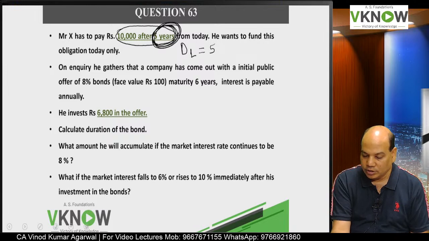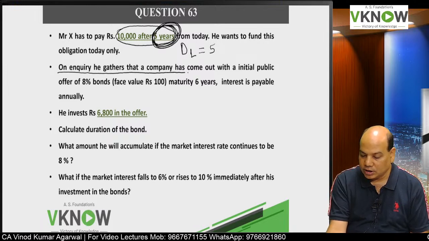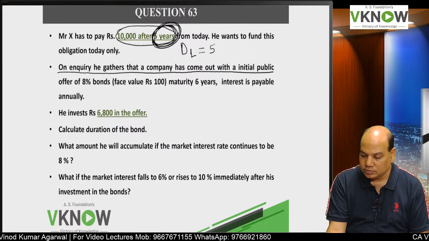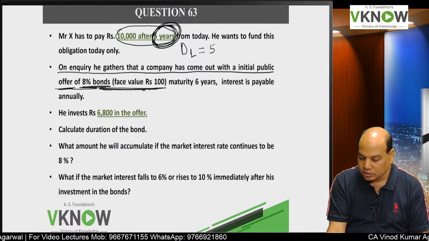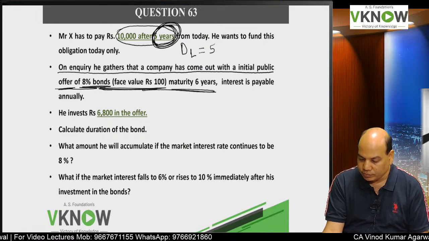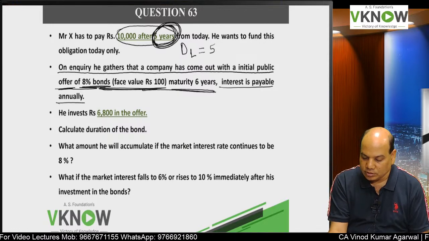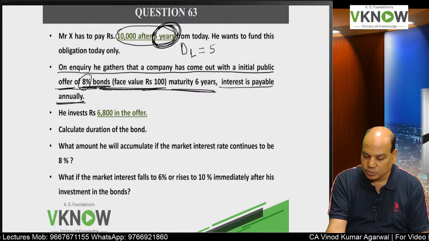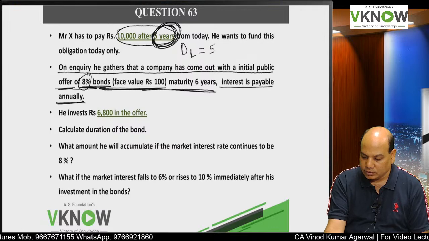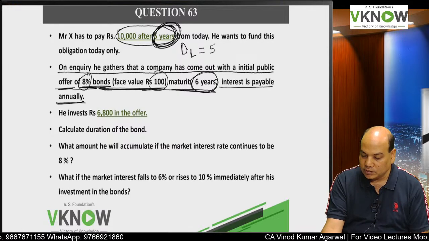On inquiry, he gathers that a company has come out with an initial public offer of 8% bond, face value rupees 100, maturity 6 years, interest is payable annually. So the coupon rate of this bond is 8%, face value is 100, maturity of the bond is 6 years, but you want money after 5 years.